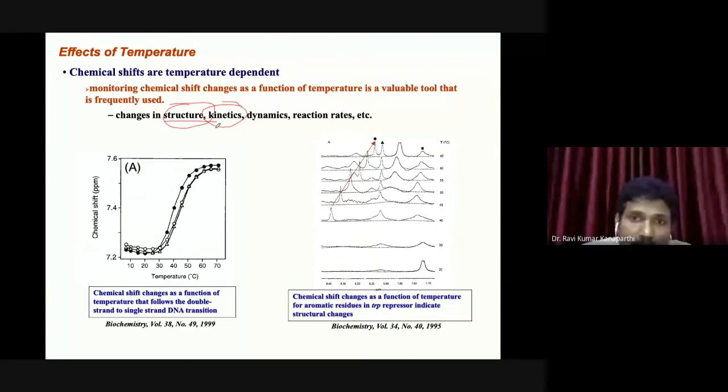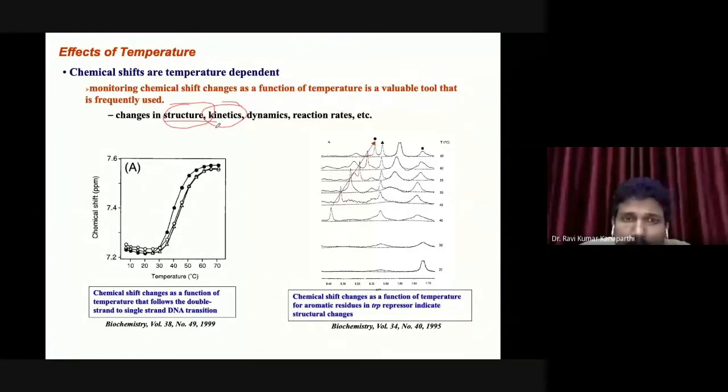And then one can calculate the reaction rates from there, and various other things can be explored. This is a really interesting research area, and especially biology and biochemistry people are really interested in it.